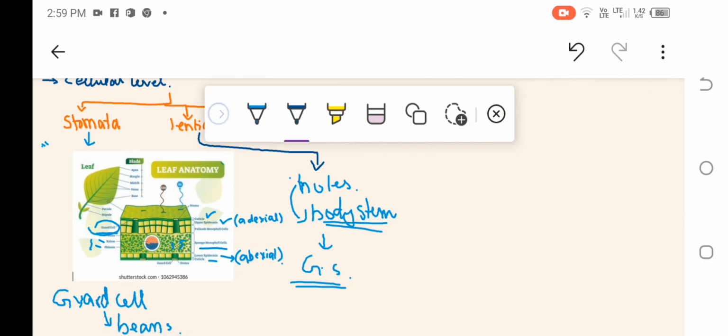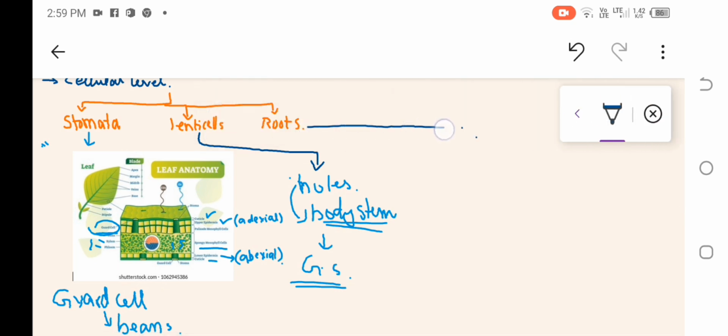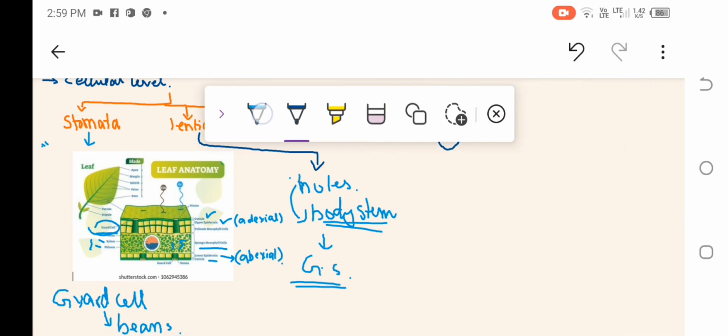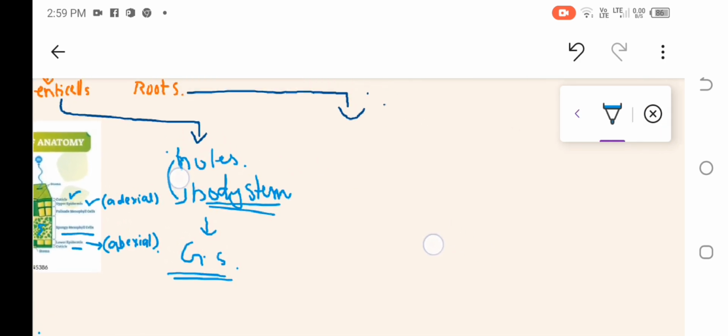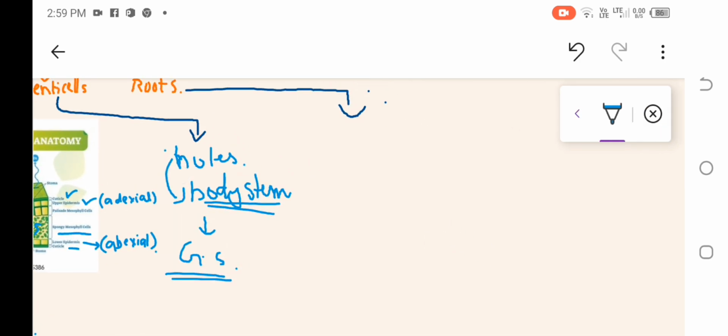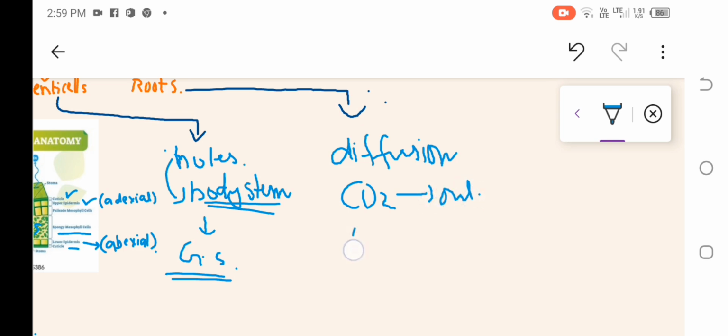And third we have roots. Now through roots the gases exchange also takes place. How? In the roots the gases exchange takes place basically by diffusion. Carbon dioxide goes out and oxygen comes in, right?